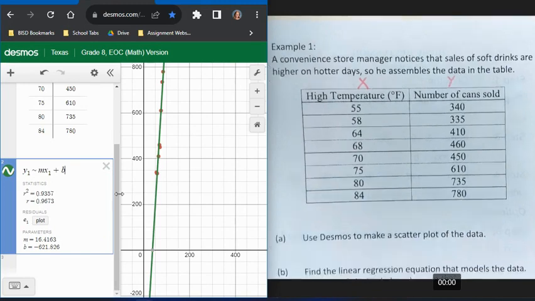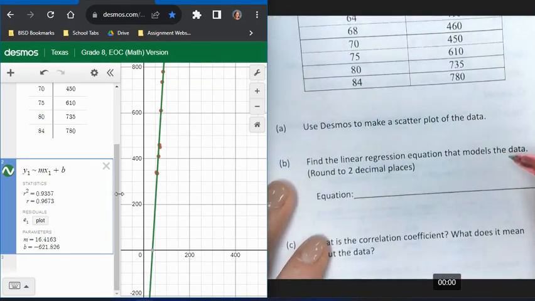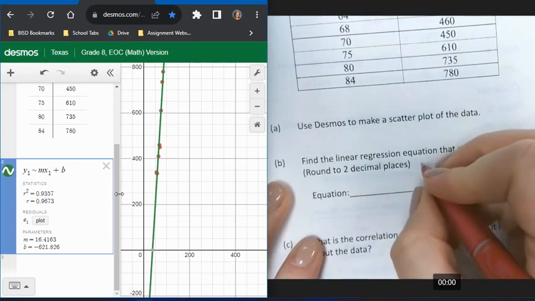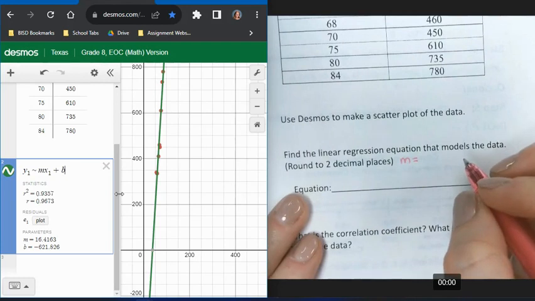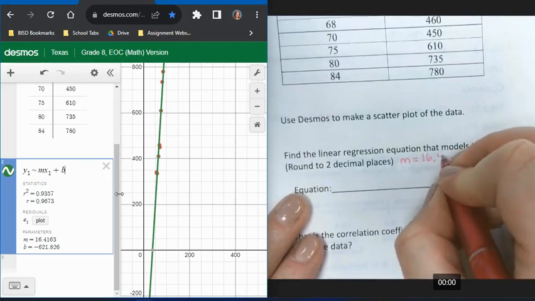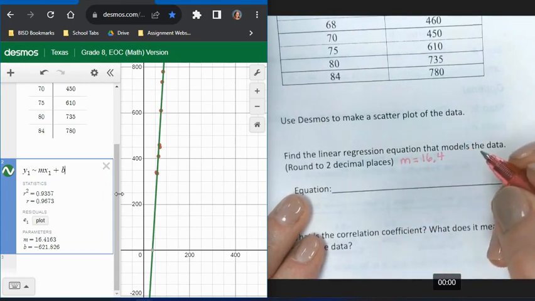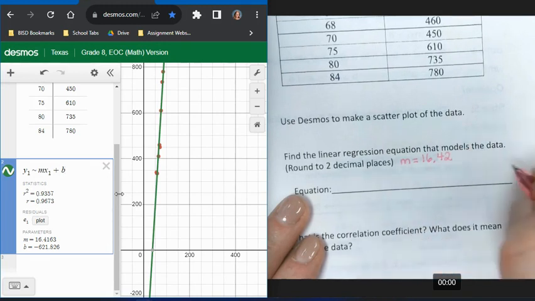So we need to write our equation. Part B: find the linear regression equation that models the data, rounding to 2 decimal places. I'm going to write my M here and then my B. I want 2 decimal places. 16.416, because there's a 6 in that third spot, it's going to be 16.42.